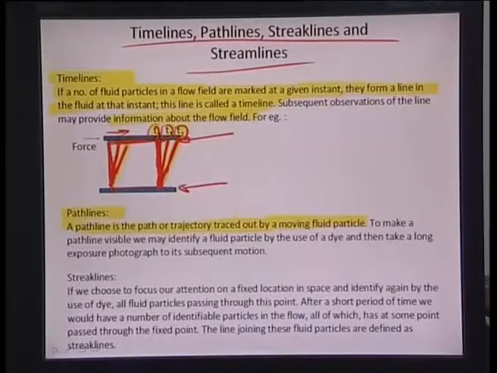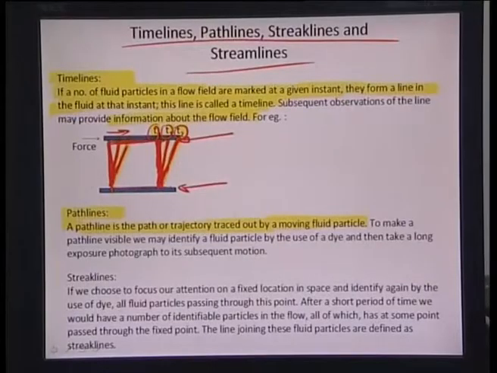The ink particle moves in a path or trajectory traced out by the moving fluid around it, the ink itself, with time. So, that is a path line. We can take a long exposure photograph of such a flow situation and see where this dye is slowly diffusing into. That is what the path line of the dye would be in, let us say, water.